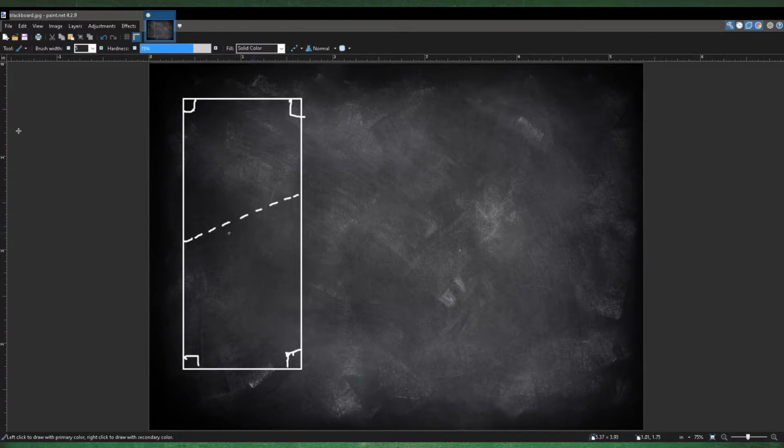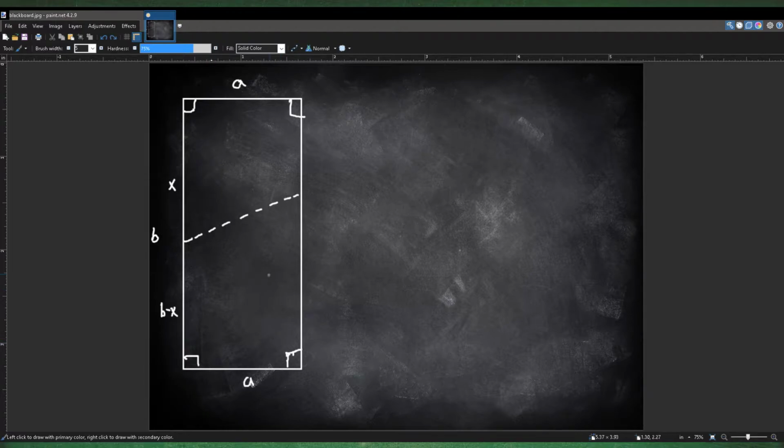So let's label side lengths first. Let's say A is our smaller side length, and B is our bigger one. Let's call this one X, and we'll call this one B minus X. This one's A. If you think about it, since we went from here to over here to make this crease, that's the same as putting this corner over here.